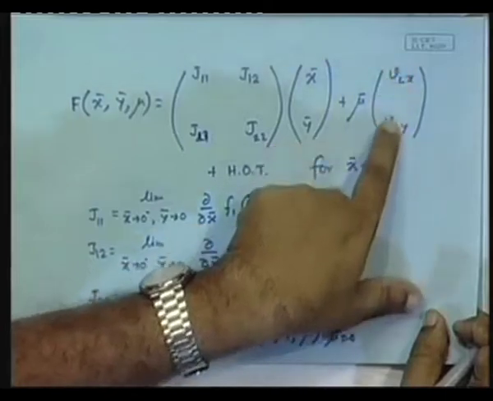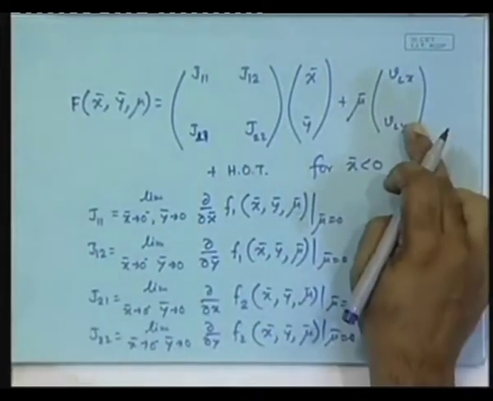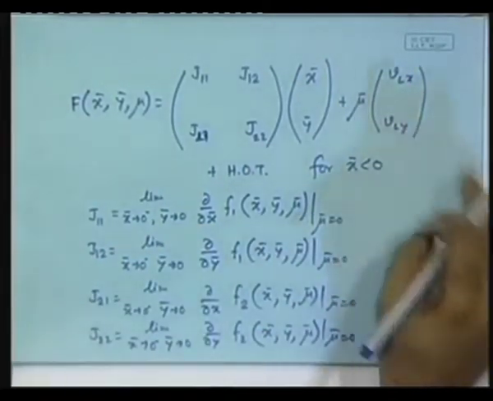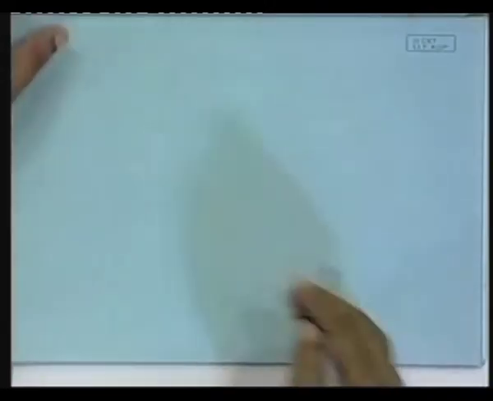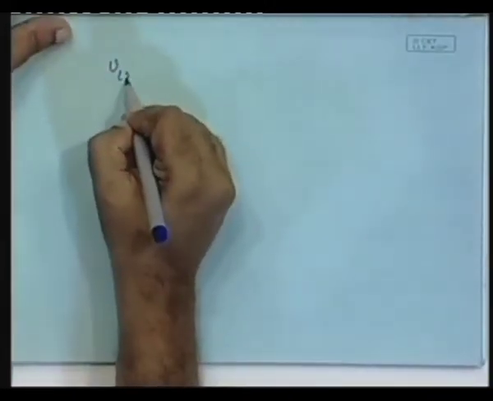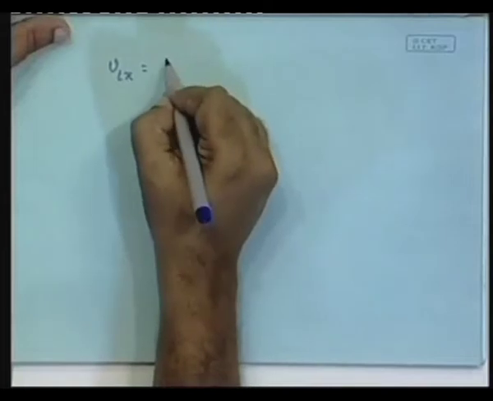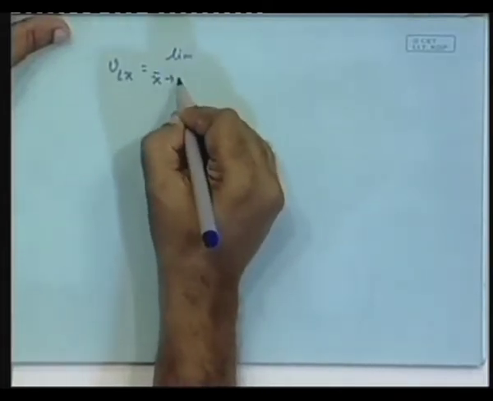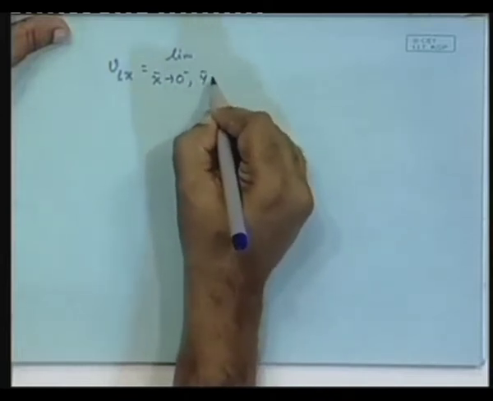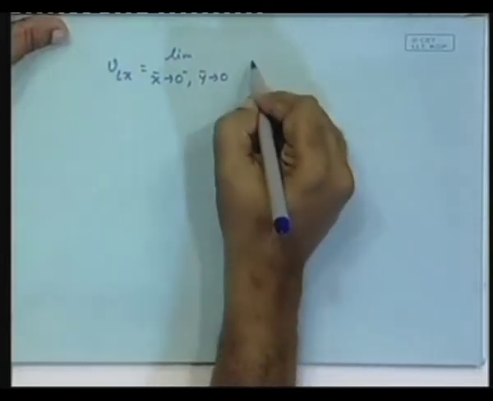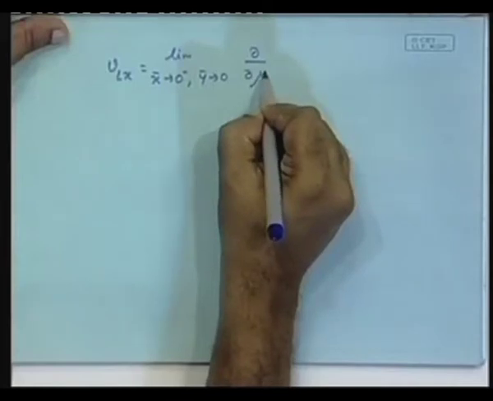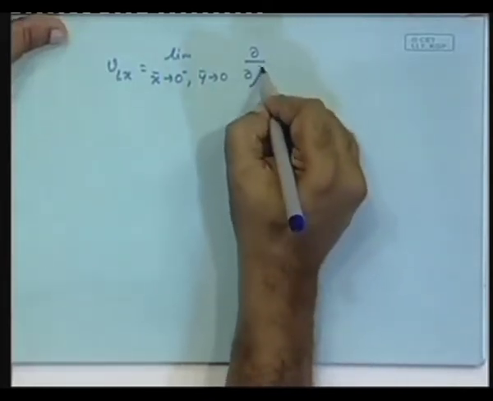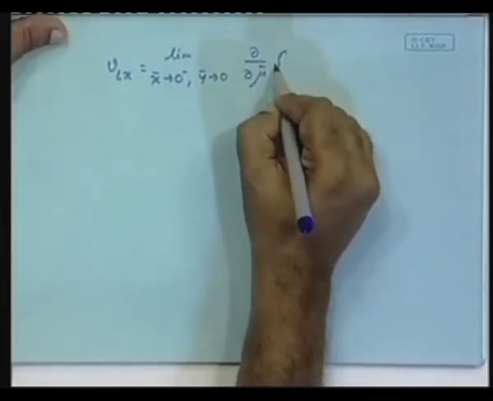Additionally, we have to talk about these two. These are the partial derivatives with respect to mu. So, VL x is again the limit, same limits, x bar going to 0 minus and y bar going to 0, of the derivative with respect to mu bar of the first one.